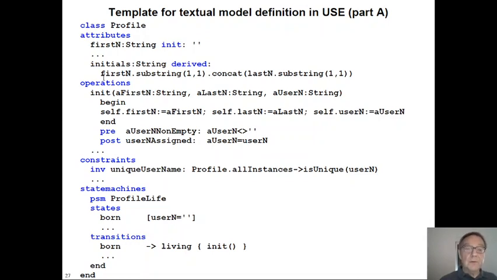We grab the first name of the profile, we grab from the first name the first letter with the string operation substring from position 1 to position 1, and we concatenate this. So this is the first letter of the first name, and we concatenate it with the first letter of the last name. This is a derived attribute. This is a specification for an initial value.